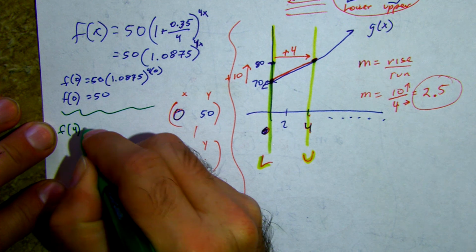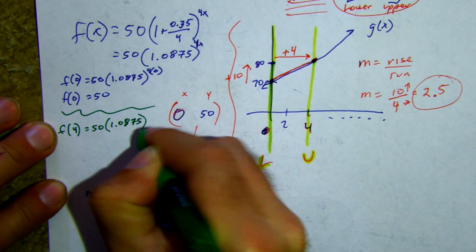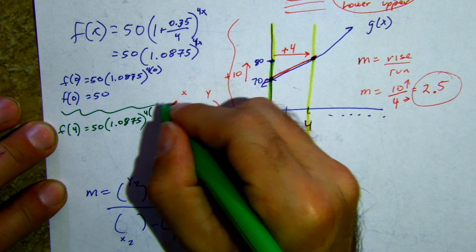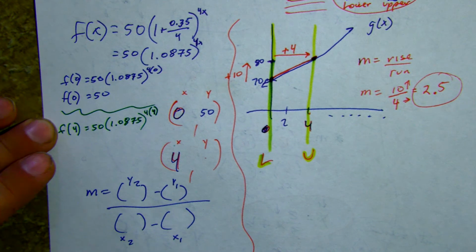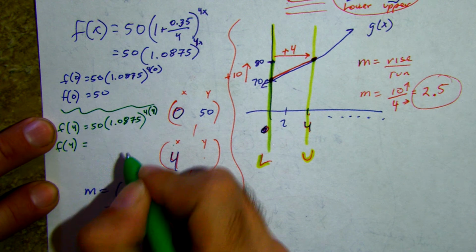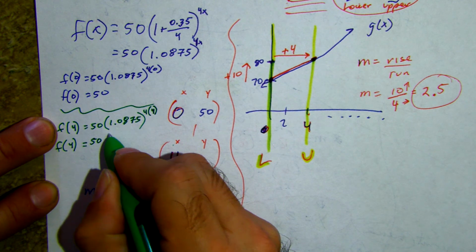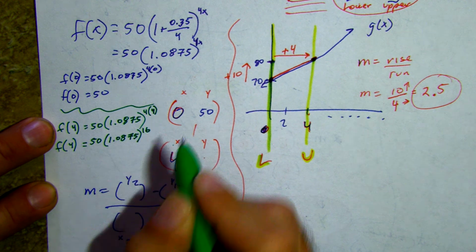F of 4. Watch, 50 times 1.0875 to the 4 times 4. That's going to be our power. This one's going to be big, I think. Let's see. Maybe not. 50 times 1.0875 to the 16th power.